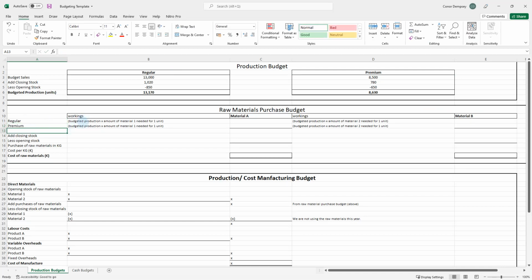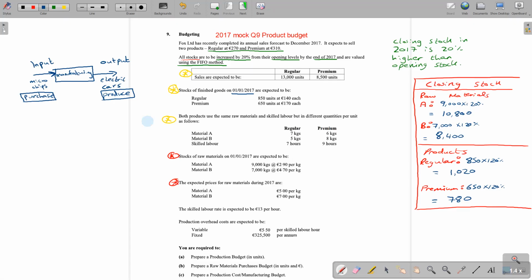So our workings for the amount of materials we will need when we're producing it is the amount we need to produce. So 13,170. I'm going to multiply it by the number of kgs of material A that we need to produce 1 unit.